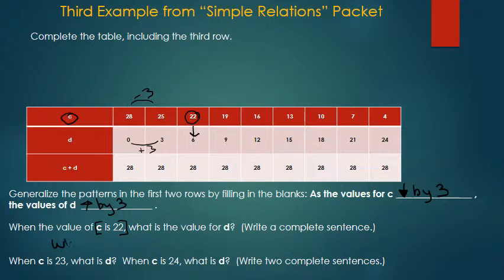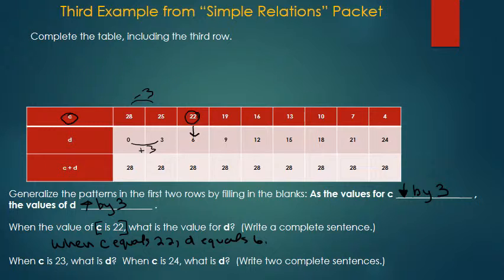So when C equals 22, D equals 6. Okay, so now this is when C is 23, what is D? Well, if we look at our C row, we actually don't have a 23.